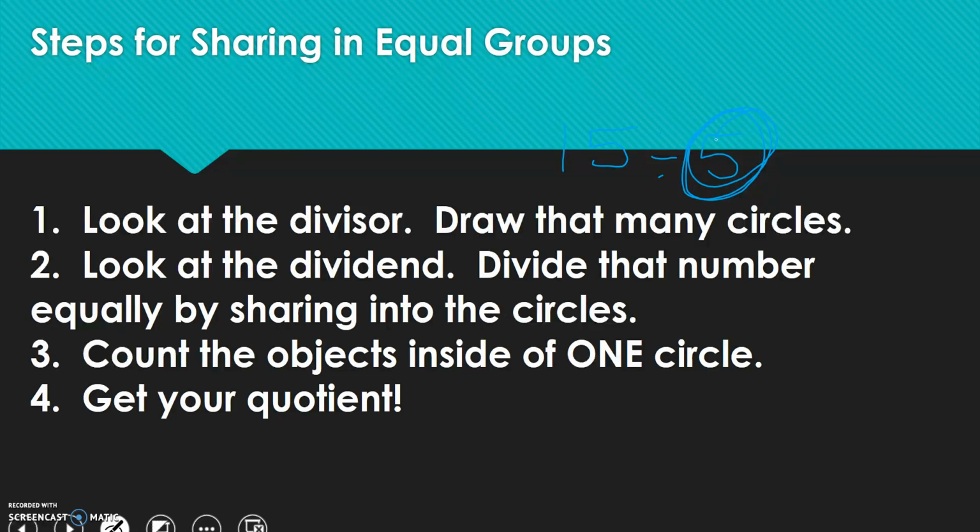Second, you look at the dividend. That's the first number, and you divide that number equally by sharing into the circles. You count the objects in one circle. That's important, because if you count them all, you're just going to end up with your dividend anyway. And that will give you your quotient. So in this case, 15 divided by 5, like we did before, equals 3.